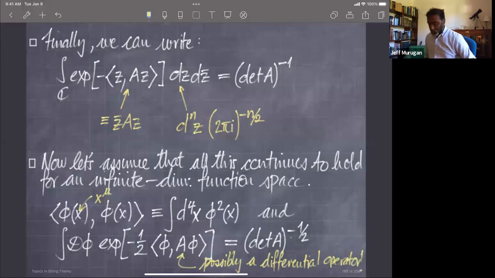And this is going to be important. Okay, so this is what happens for a real scalar. So this phi here is a real scalar.